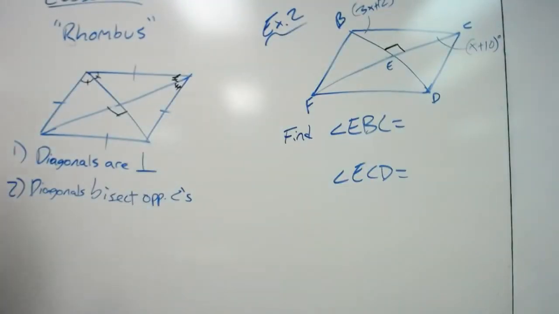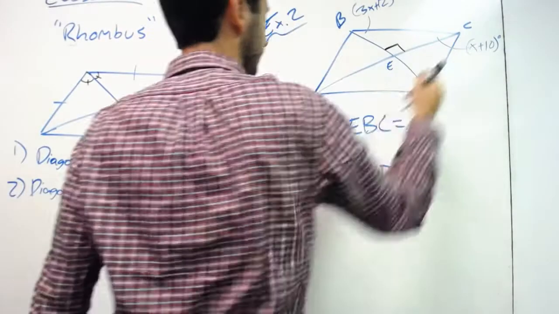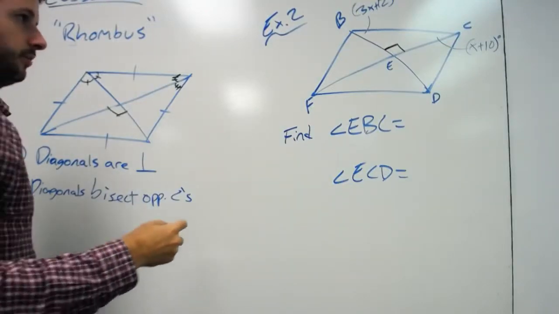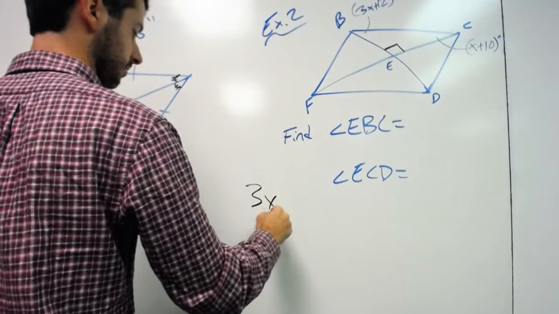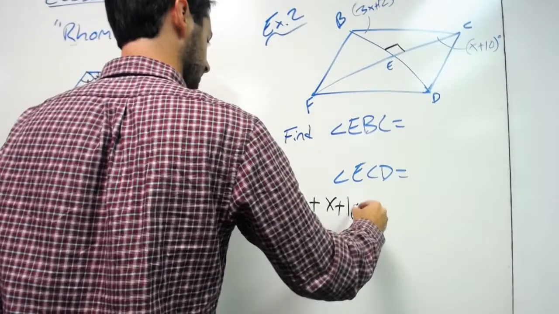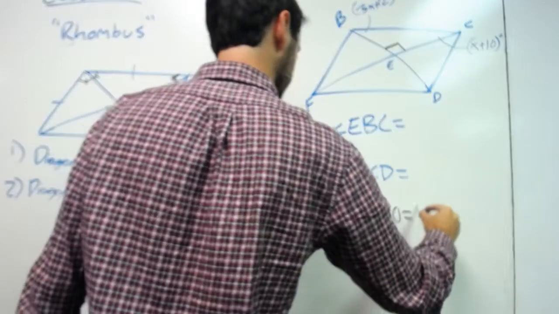Therefore, we actually know the measure of all three angles, and we only have one variable in x. So we can try to solve by doing 3x plus 12 plus x plus 10 plus 90 equals 180.